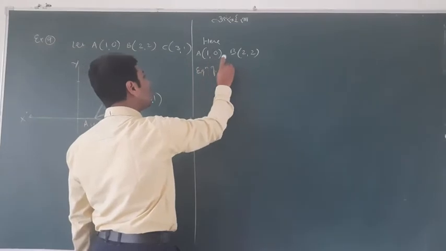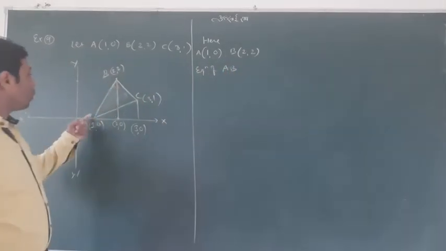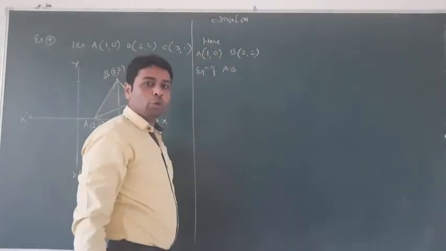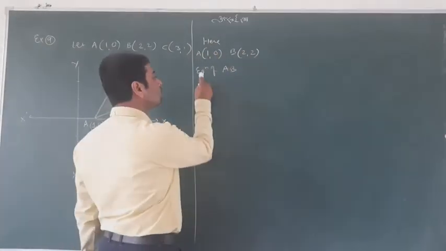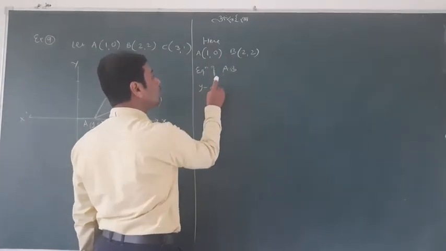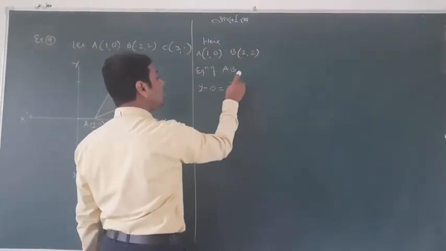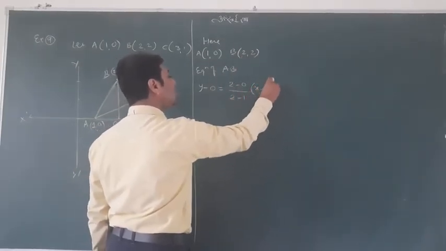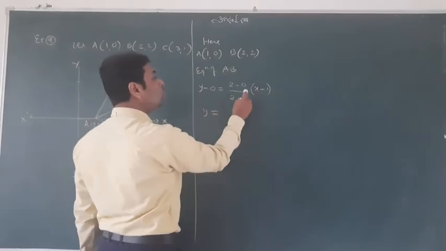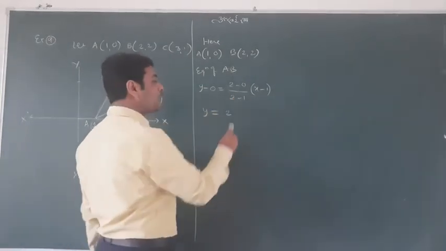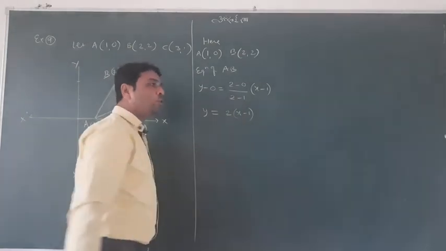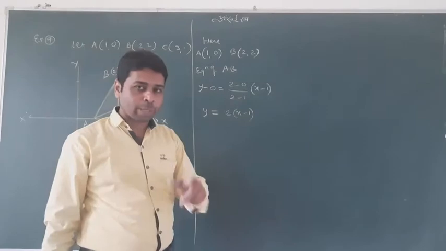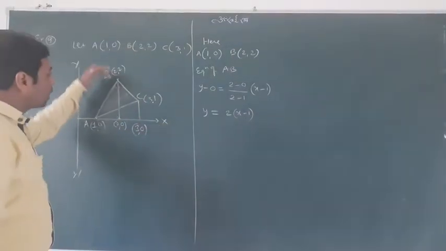So the equation of AB, with x1 y1 x2 y2: you know the formula, the two-point form I taught you initially. y minus y1 equals (y2 minus y1) over (x2 minus x1) times (x minus x1). That gives 2 by 1 and x minus 1. I don't want to solve further because I have already got the equation, y equal to 2(x minus 1). That is very important. So the first line I have got.